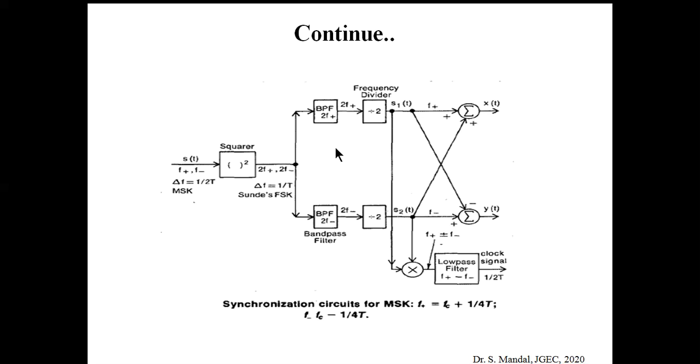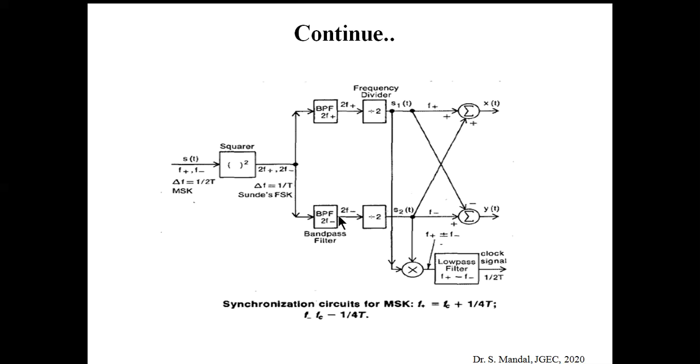If we use two band pass filters whose center frequencies are 2f+ and 2f− respectively, we get the corresponding sinusoidal signals. Then we use a frequency divider that divides the frequency by half, and we get S1(t) at this end and S2(t) at the other output. If we add and subtract them, we ultimately get x(t) and y(t).